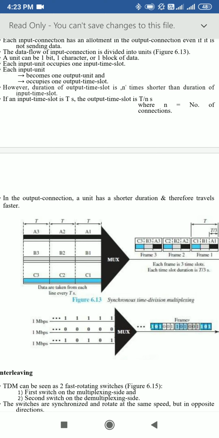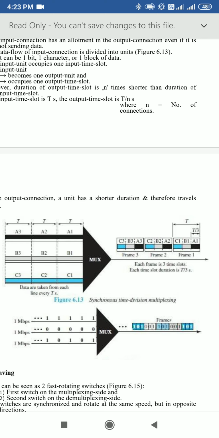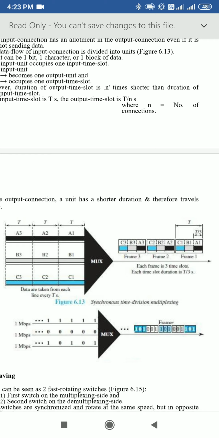When these streams of data are input to the multiplexer, then the output of the multiplexer is the formation of the frame. Just you can see here, frame 1. In frame 1 you have 3 time slots. In frame 2 you have 3 time slots. In frame 3 you have 3 time slots.